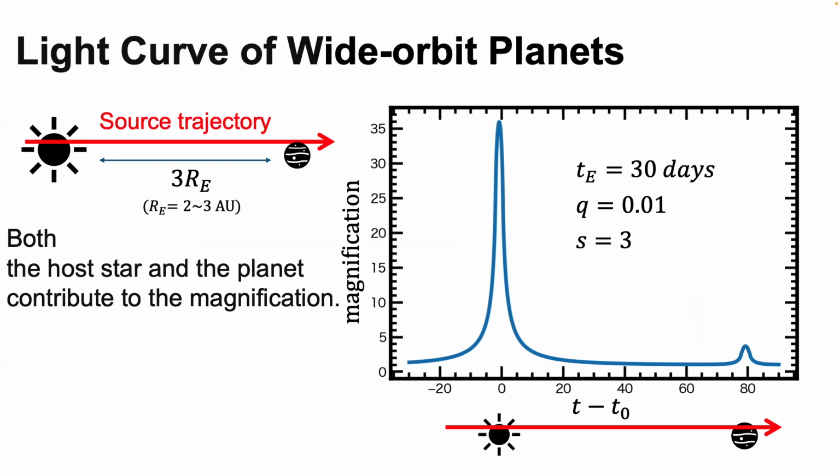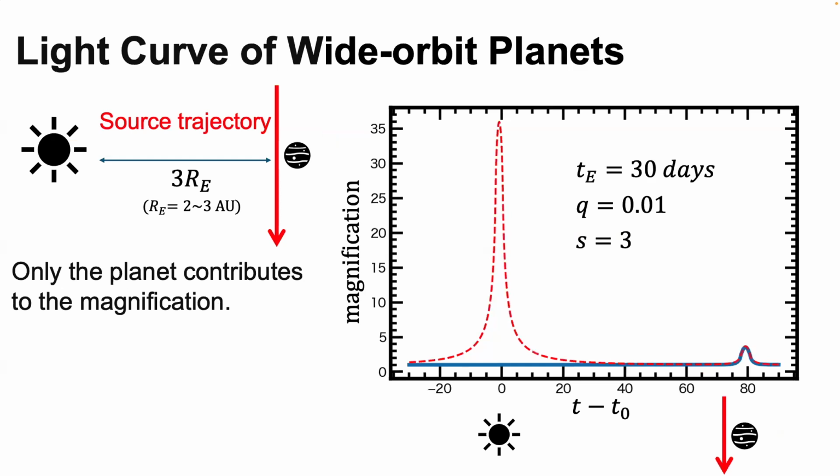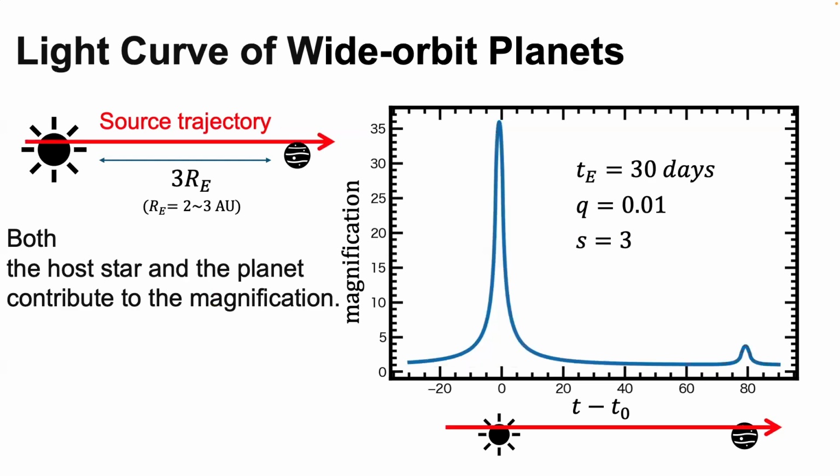When the source trajectory aligns with the line connecting the host star and the planet, both the host star and the planet contribute to the magnification. So we can observe two bumps in the light curve. This is due to the host star, and this is due to the planet.